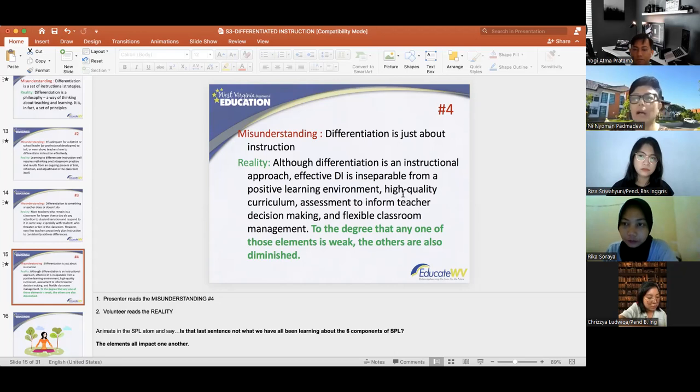So if you do not have that kind of curriculum, it will be difficult for you to differentiate instruction. So a lot more subsystems need to be prepared in order to support the implementation of differentiated instruction.